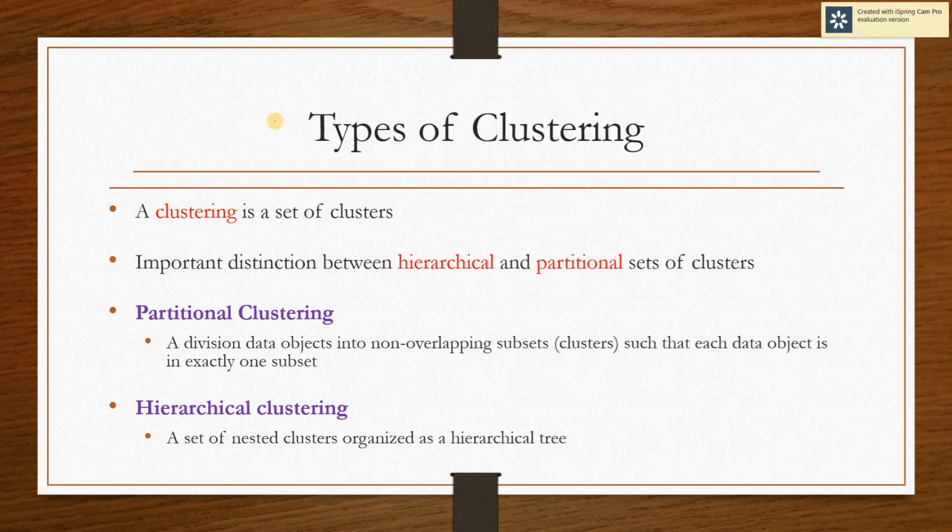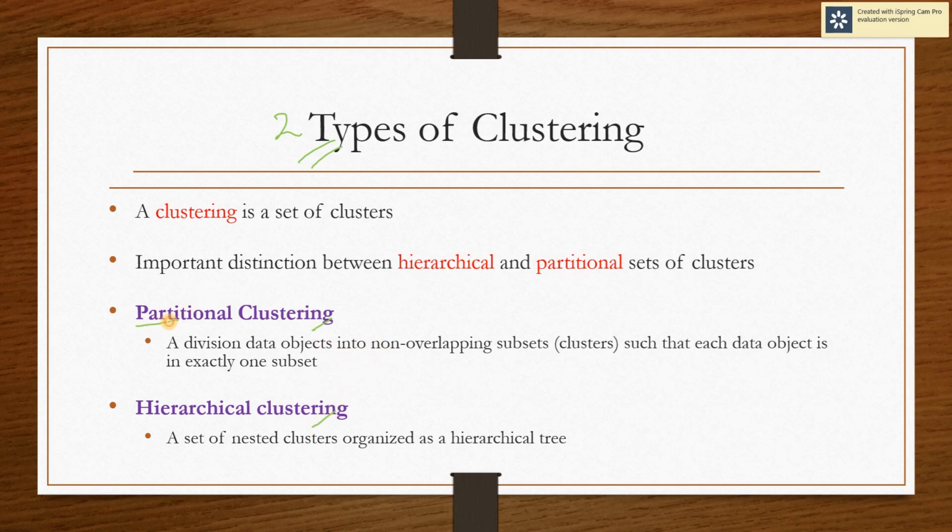There are two types of clustering method, where a clustering is a set of clusters. An important distinction is between hierarchical and partitional sets of clusters. There are differences between partitional clustering and hierarchical clustering.